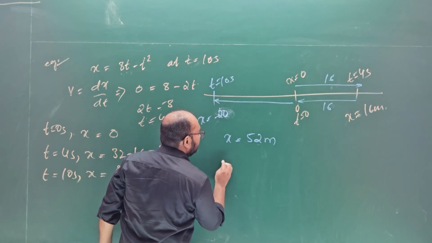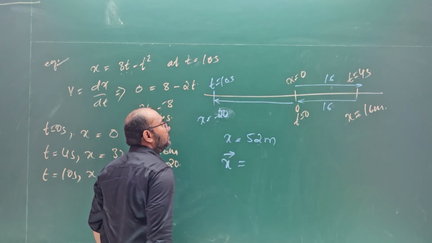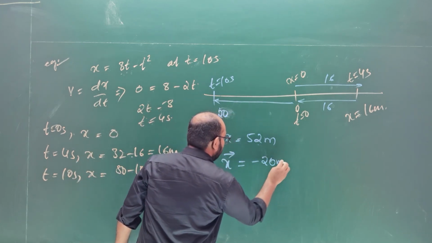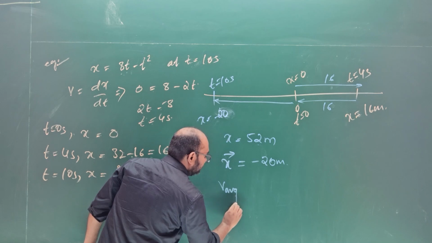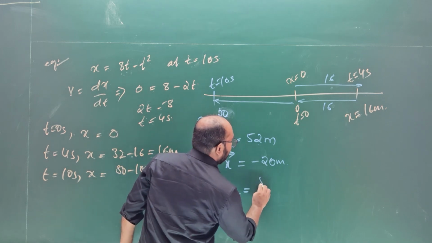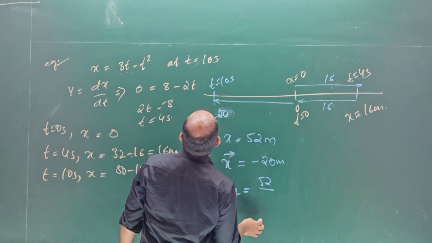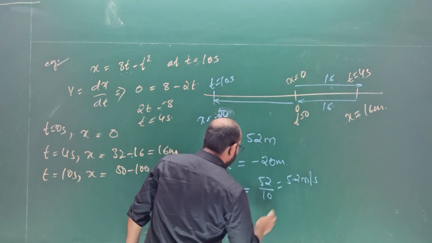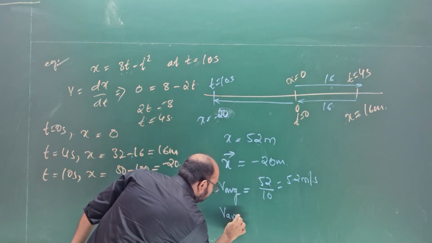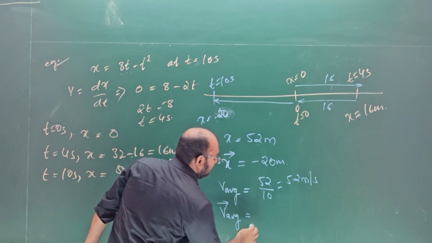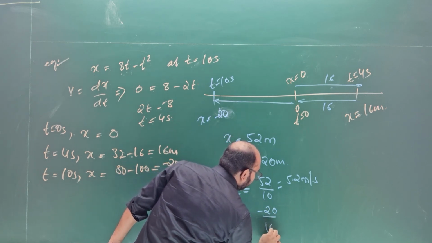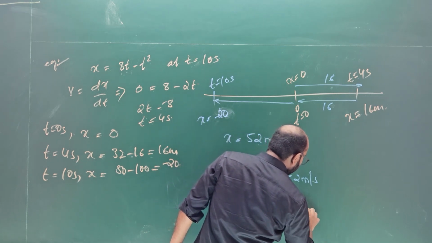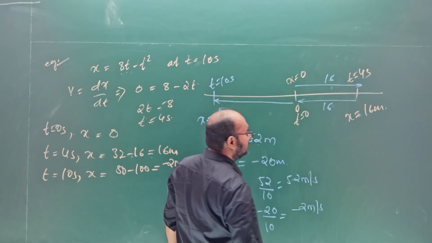And displacement is minus 20. Average speed is 52 upon time 10 seconds, 5.2 meters per second. And average velocity is minus 20 upon 10, that is minus 2 meters per second.